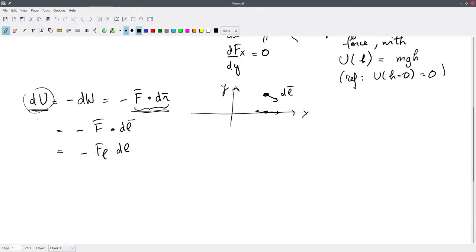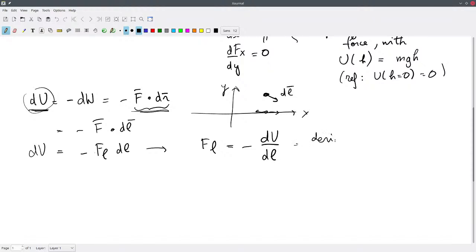And now if we look back at what we have here, we have dU is minus FL dl, so we can rewrite this as FL, the component of the force along a direction L, is minus dU/dl. It's the derivative of U along that L direction.